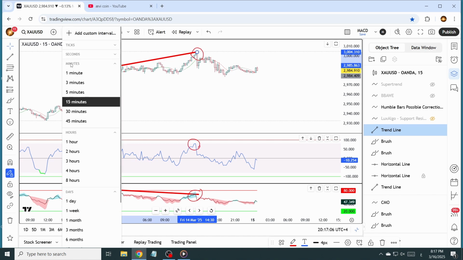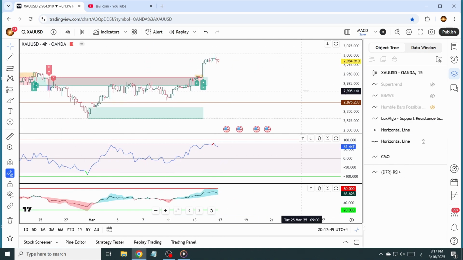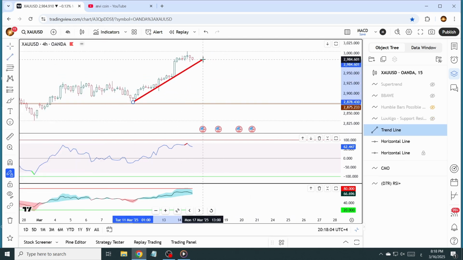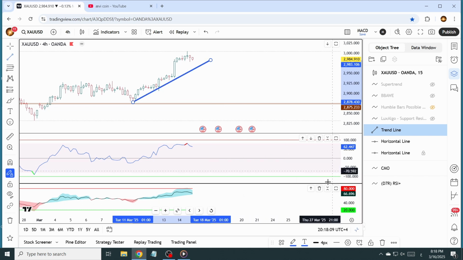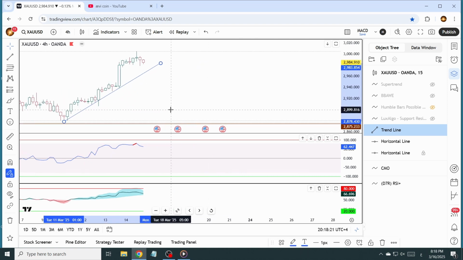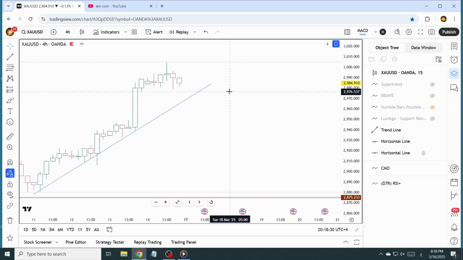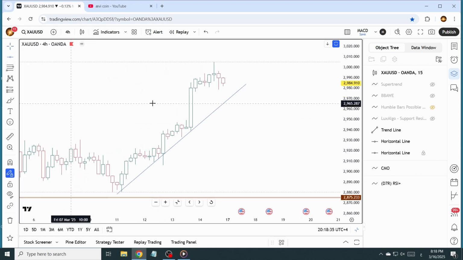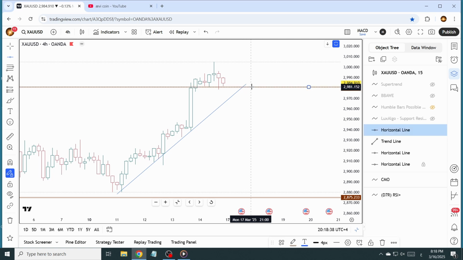if we go to the 4-hour time frame, we can see that there is a trend started here. This is the trend line. As you see, what we are looking for is a support, and we can see there is a kind of support at this level.